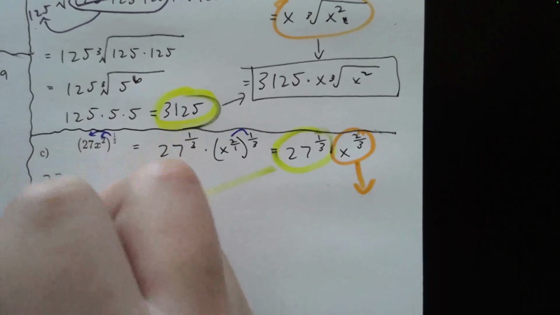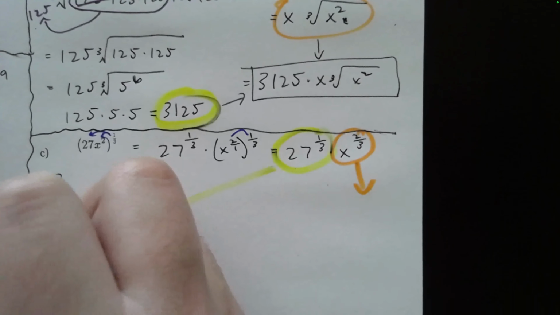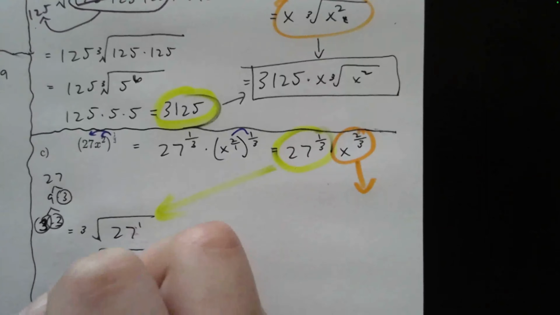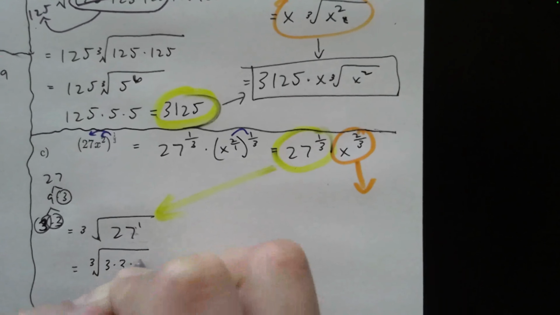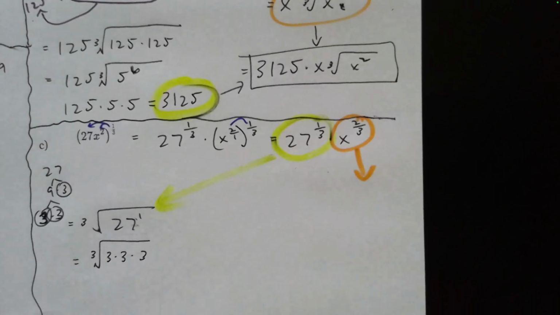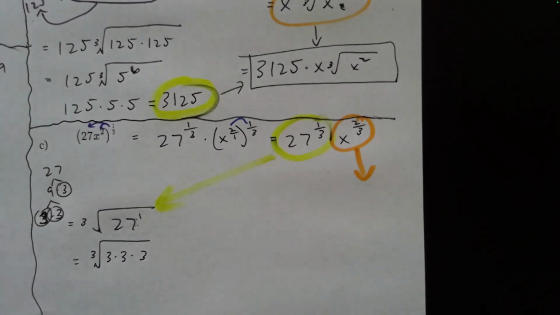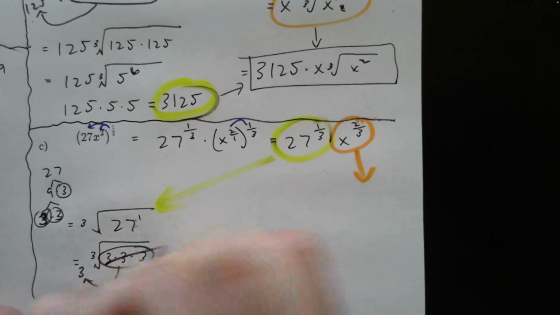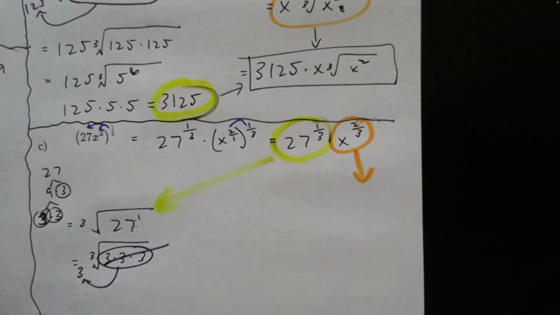27 is 9 times 3, 3 times 3. We've done that many times before. 3 times 3 times 3. One group. So you just get 3.